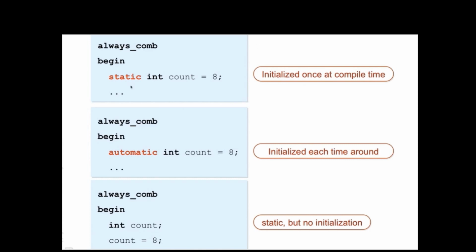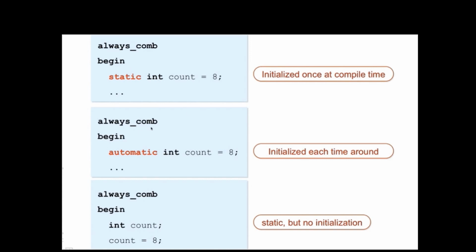And the idea behind static is that it retains its value from whenever the always block is run. In other words, the first time at compile time, this particular count is going to be initialized to 8, and then as the always block runs, it'll update it or not, or just use it. But the point is that the value remains constant as the always block runs. Okay.